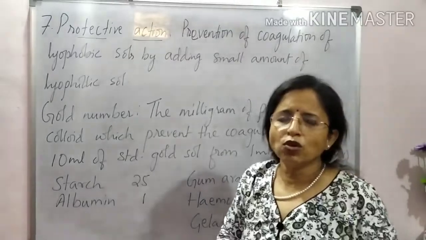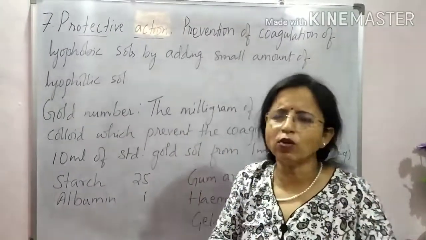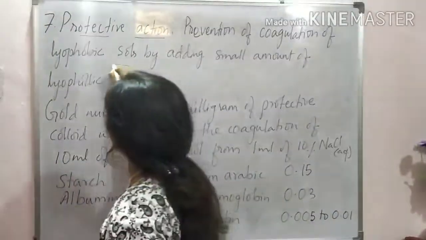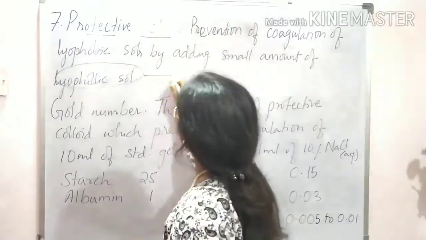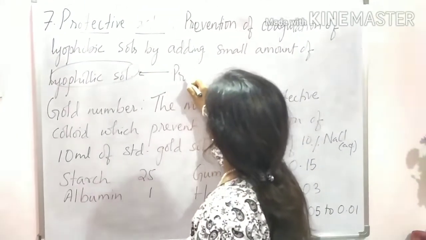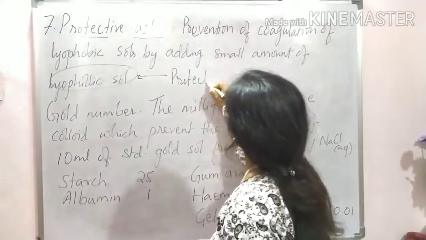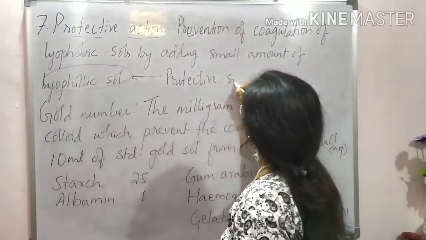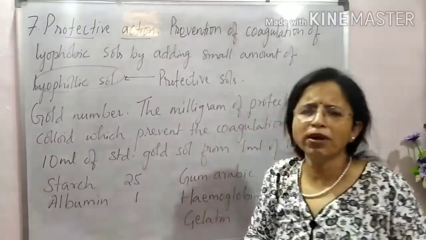So the sol which is going to prevent the coagulation, those types of sols are called protective sols. Now a very common example.